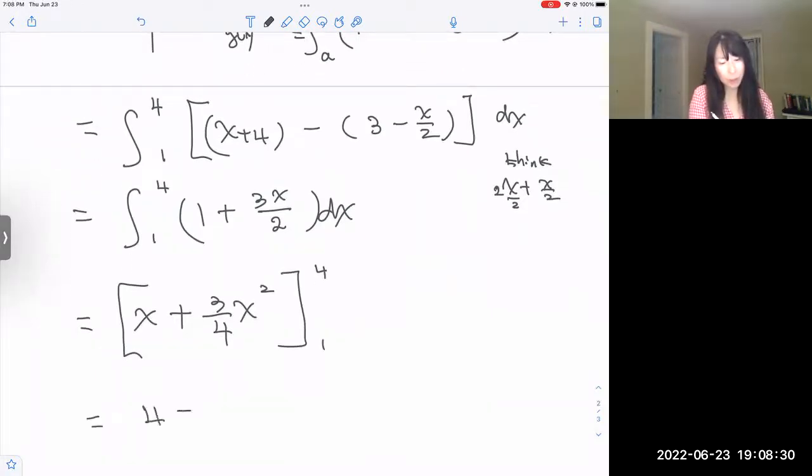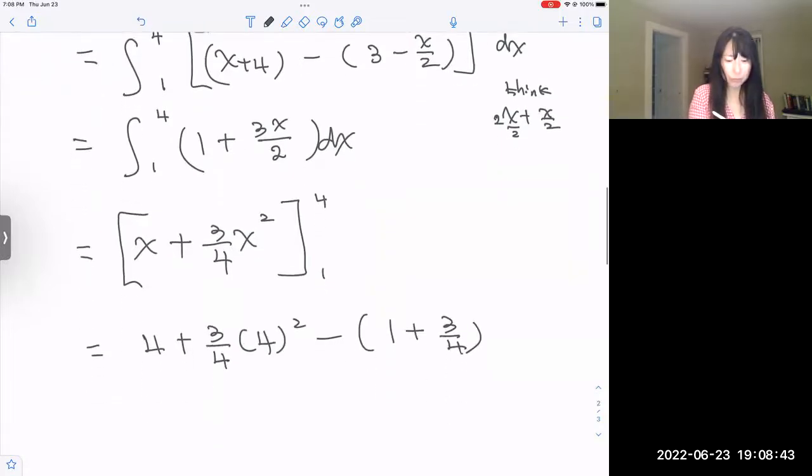Now we're going to evaluate from 1 to 4. So we have 4 plus, now your turn. Can you please calculate this one? 1 plus 3 over 4. It was 16 minus 15 minus 7 over 4.